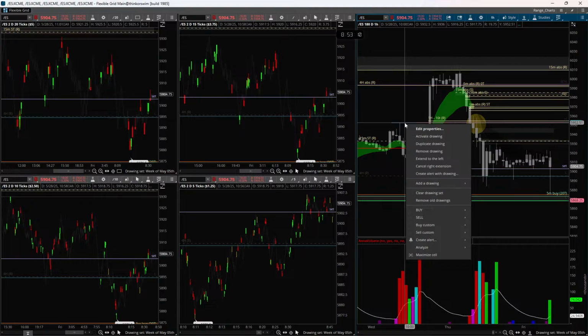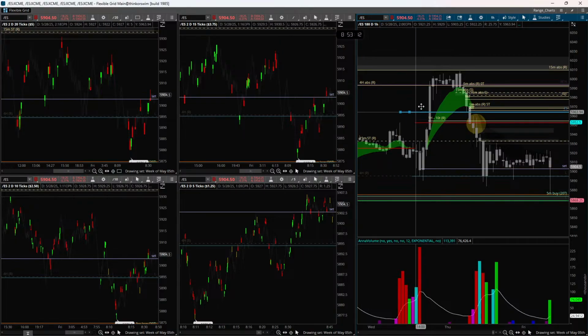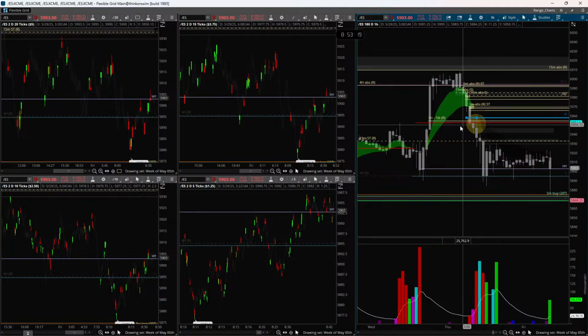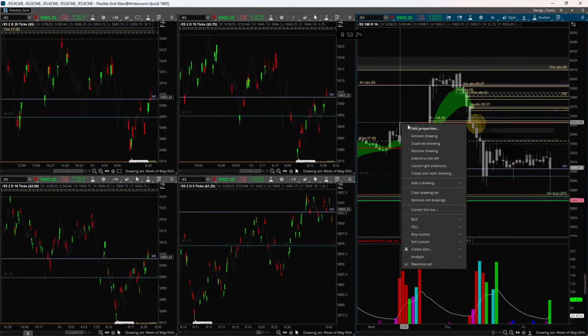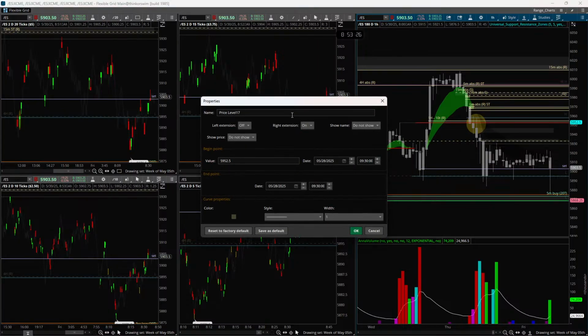This is the previous high. We're going to grab this high and put it on top of this high right here. So this is a 1 hour level. I'll put the label to the left.